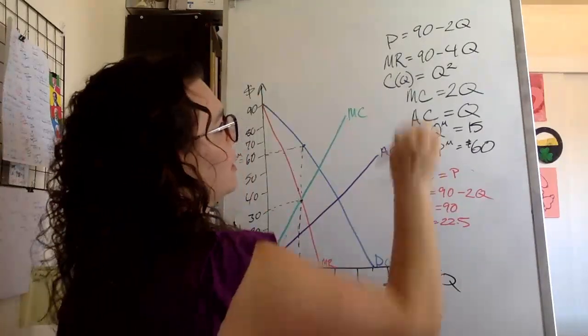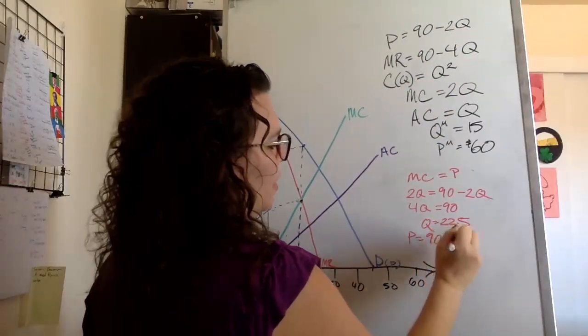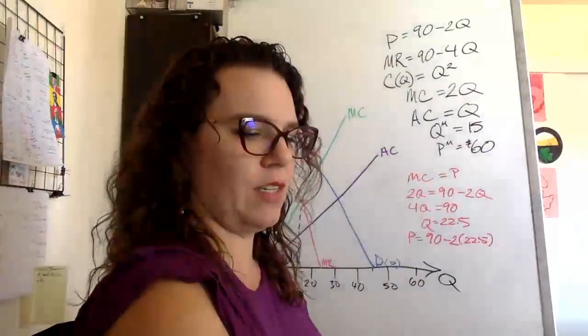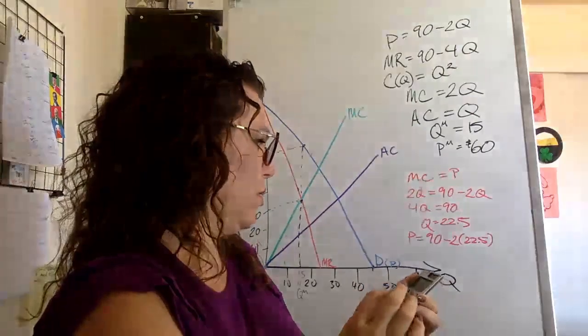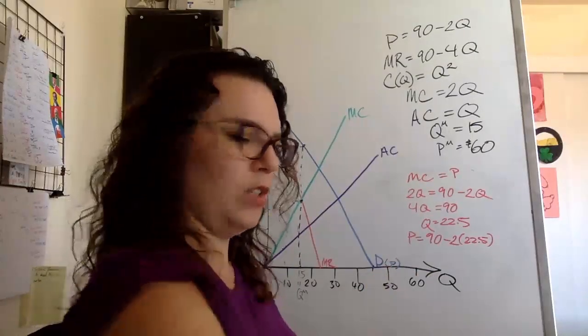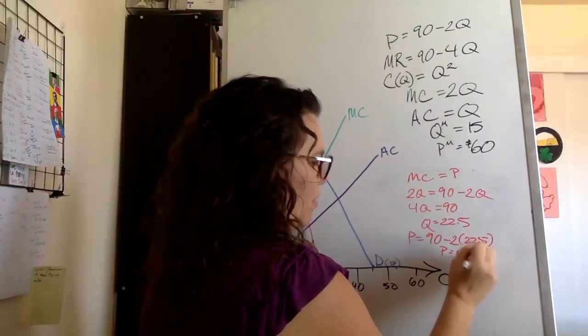And the price at that point is going to be P equals 90 minus 2 times 22.5, which gives us a price of 45. 22.5 times 2 is 45, so price equals 45.